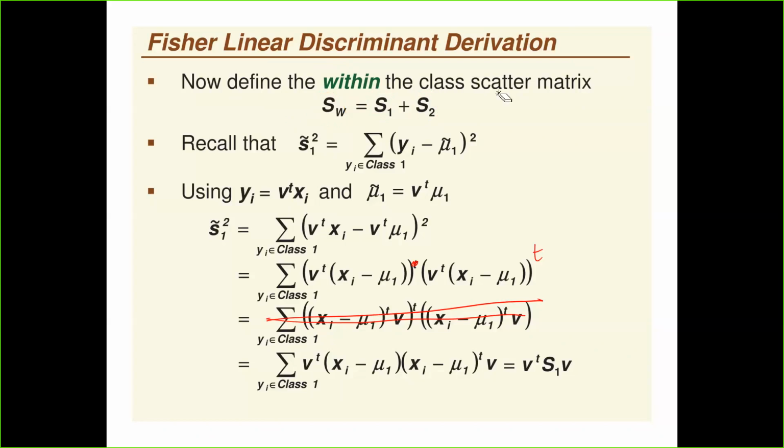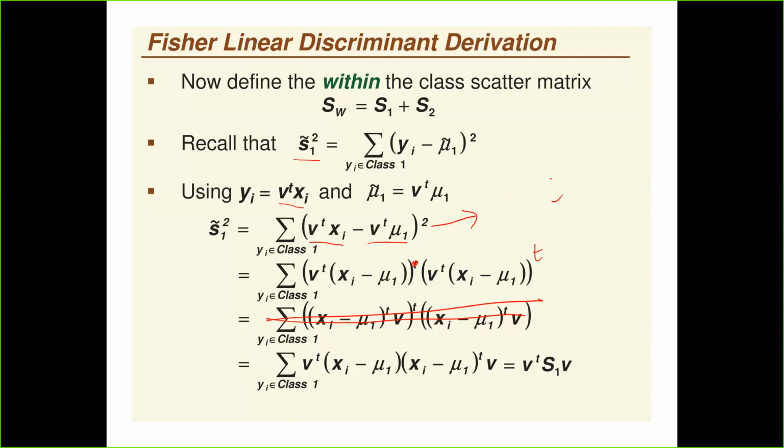So now recall that this S1 bar is equivalent to V transpose xi minus mu1 bar whole square, right? So this is equivalent to V transpose xi minus V transpose mu1, because we know that mu1 bar is equivalent to V transpose mu1, and yi is equivalent to V transpose xi. So if you expand this, let me write it here.